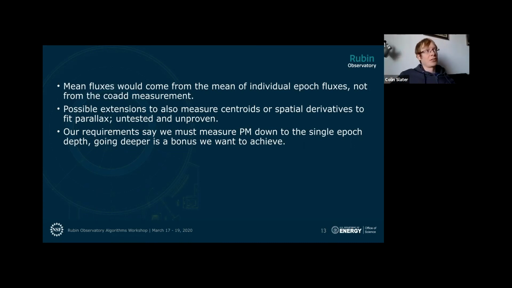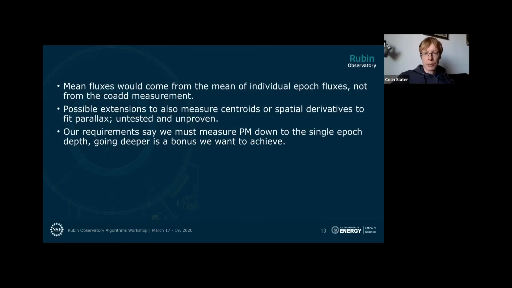Again, there's a big caveat here, which is that stars don't just move linearly on the sky. If they're close enough, parallax is a significant effect. And so this doesn't directly handle parallax.